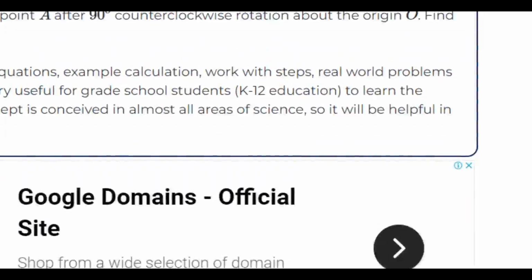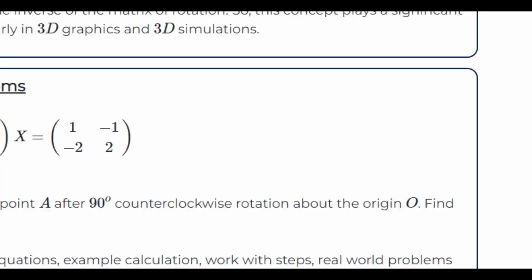Basically, this type of problem arises when the two links of the robot are parallel to each other.